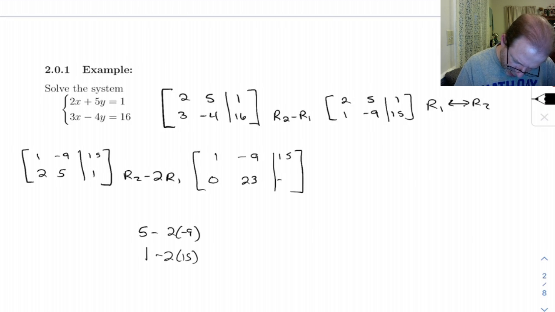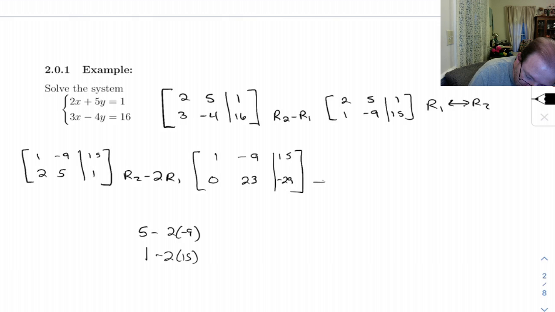Yeah, negative 29. All right. So that gives us this. And the numbers aren't very nice here, but we can solve it.